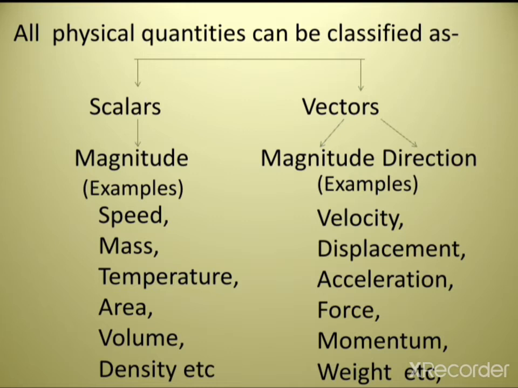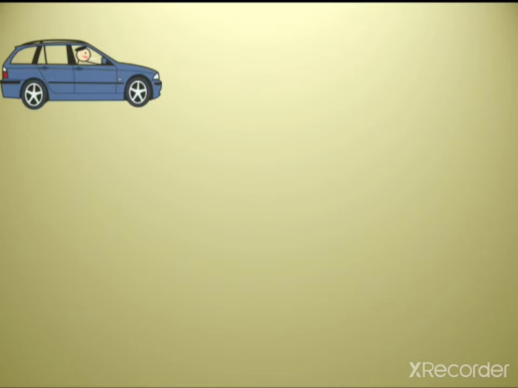Now let's see how scalar quantities and vector quantities differ from each other. Suppose this is a car and you have the information that the car is moving with a speed of 30 meter per second.